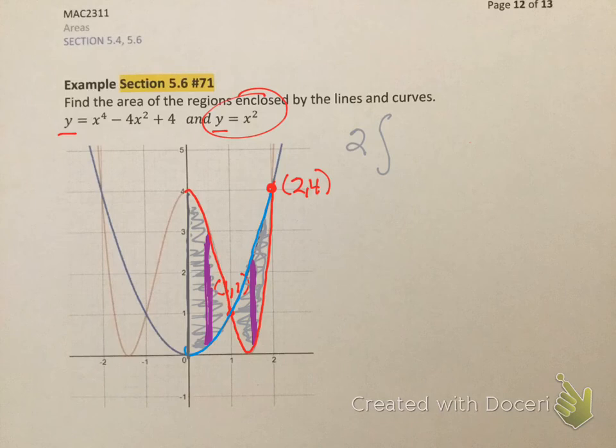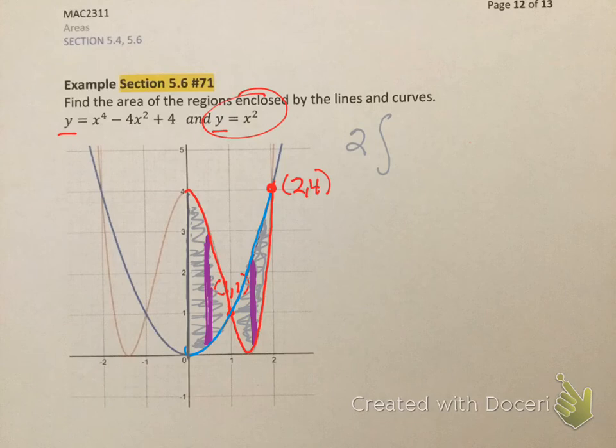And two questions. Number one, why vertical representative rectangles? Why not horizontal? Look at your equations. What are they already solved for? Y, correct?